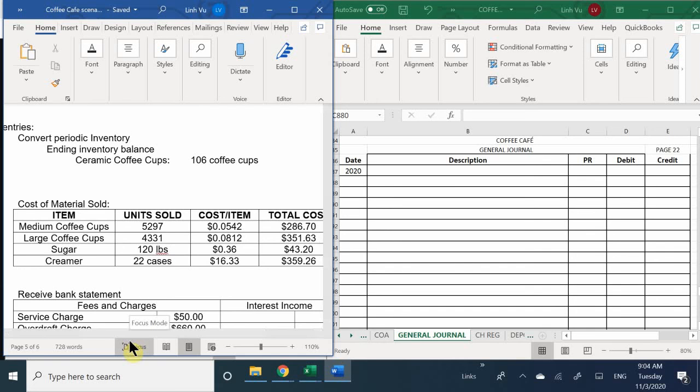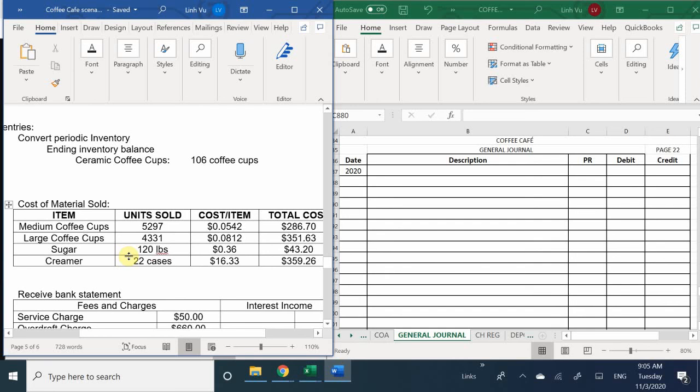All right, let's look at this information. We sold a total of 5,297 medium cups. We sold 4,331 large cups. We sold 120 pounds of sugar. And we sold 22 cases or used 22 cases of the creamer.